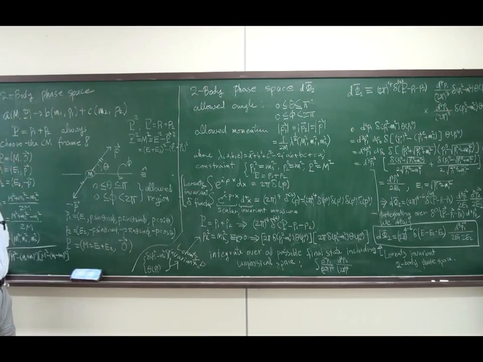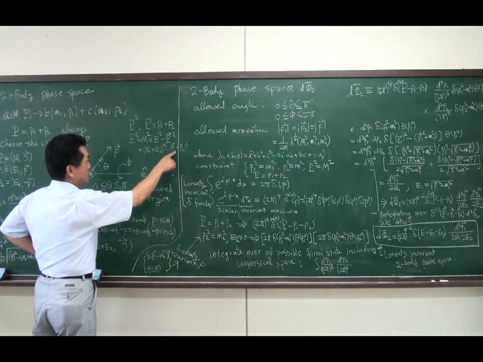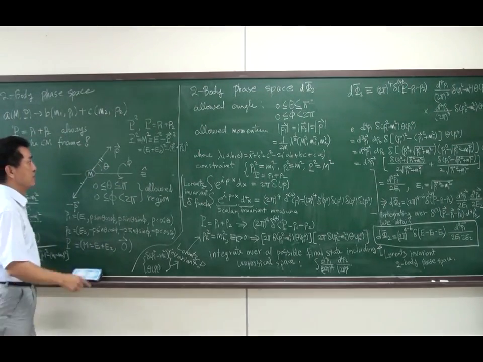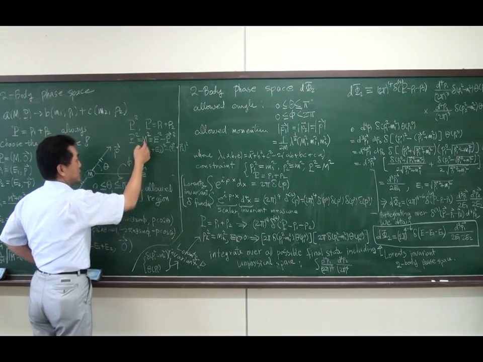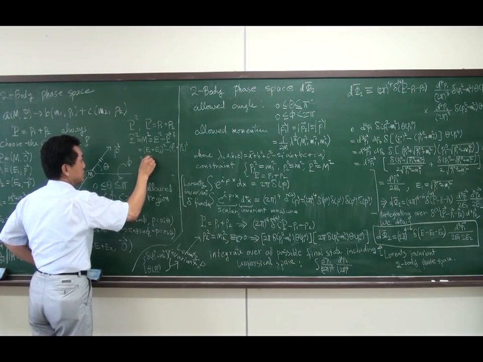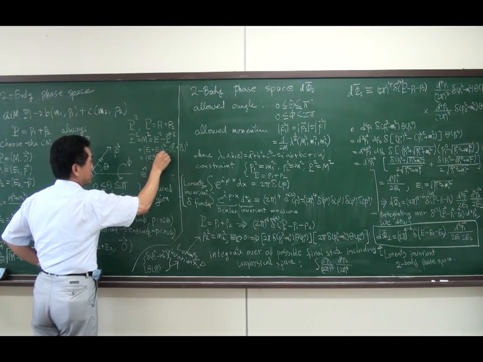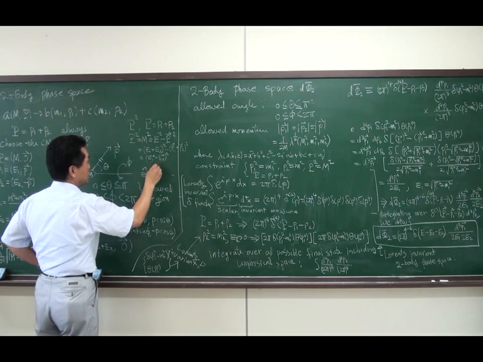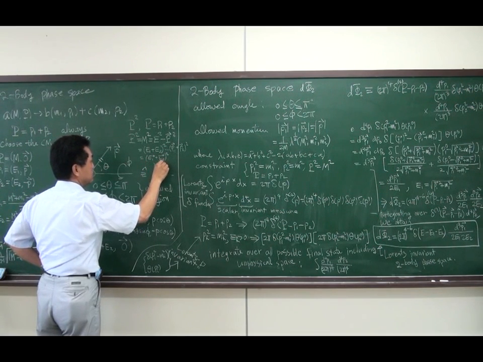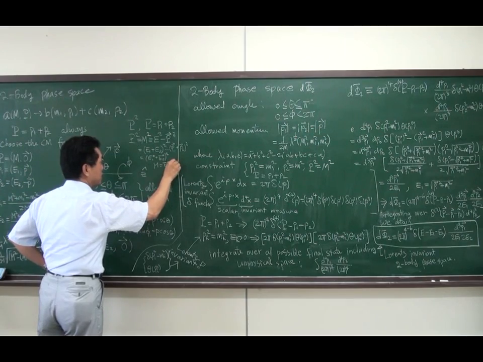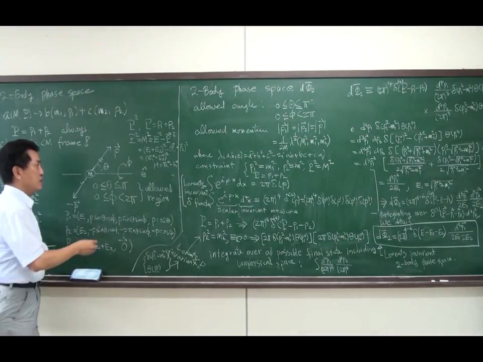In the center of momentum frame, where the sum of the three momenta for the two particles becomes 0, it reduces to the energy of the two particles squared. So the invariant mass of the two-body system is the sum of the two energies of the particles at the CM frame.